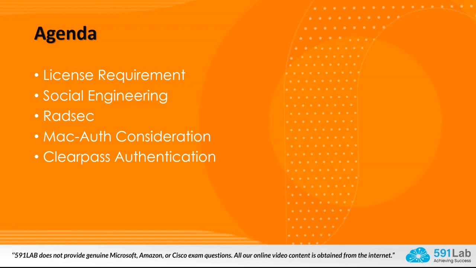After that, we'll be moving into RADSEC and its importance, as it's an important aspect in the public network to secure your traffic. Moving on, we will be considering the important factors related to MAC authentication. Finally, we'll be addressing some troubleshooting scenarios regarding ClearPass authentication.